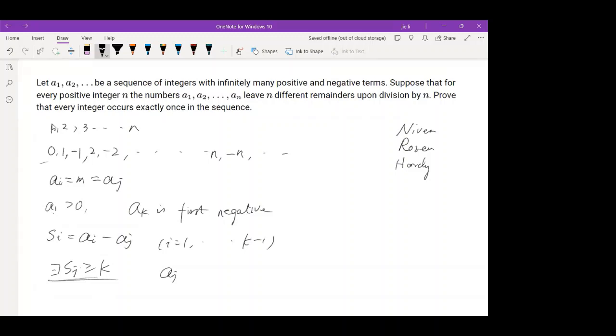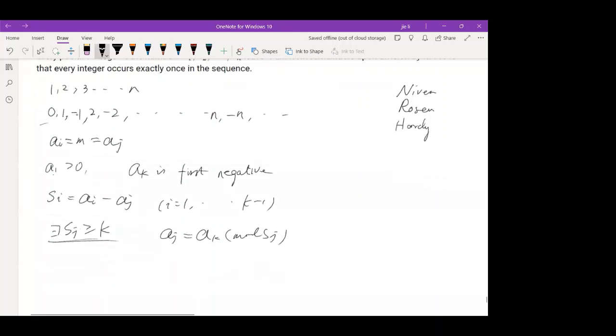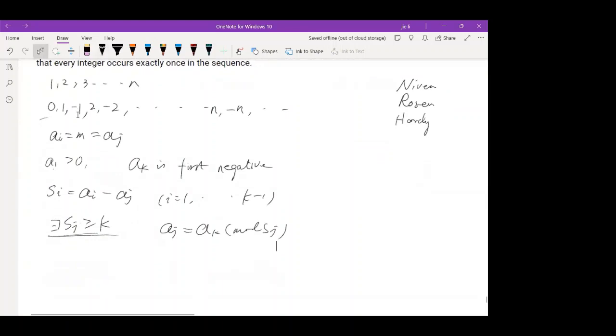It will equal a_k mod x_j. That shows you're going to have two terms that are equal. We already know that all the terms are distinct. Now you have two that are equal, so that's a contradiction.